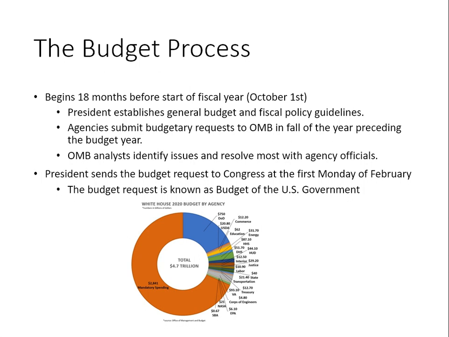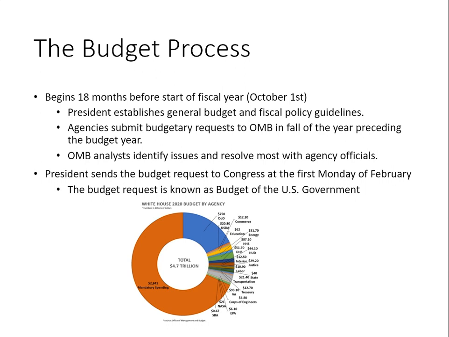The budget process begins 18 months before the start of the fiscal year, which is October the 1st every year. The President establishes the general budget and fiscal policy guidelines. The President has a focus every year. The agencies submit the budgetary requests to OMB in the fall of the year preceding the budget year.